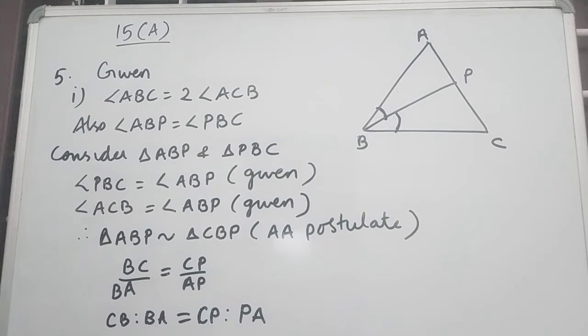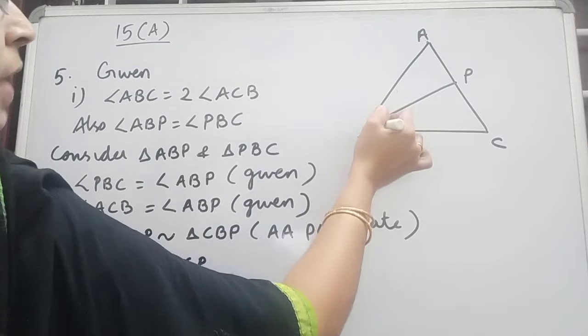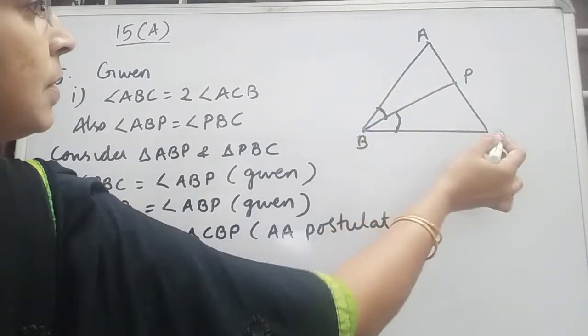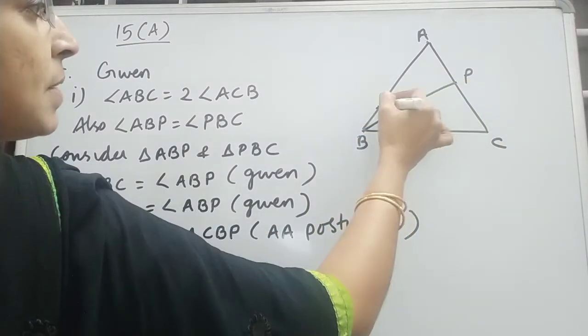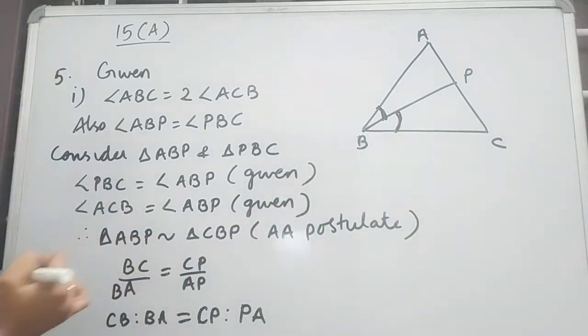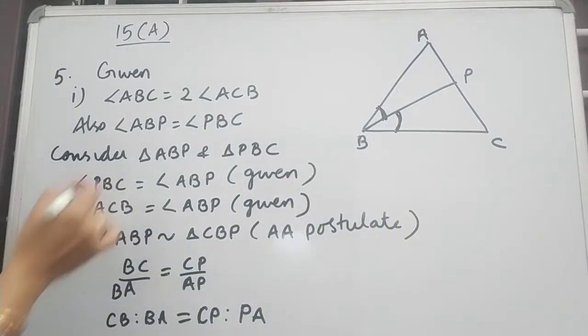We want to find out CB is to BA is equal to CP is to PA is the first part. For that, consider triangle ABP and PBC. These two triangles ABP and PBC. Since BP is the bisector, these two angles will be equal. That is ABP is equal to PBC.